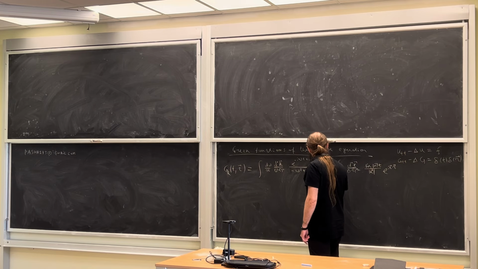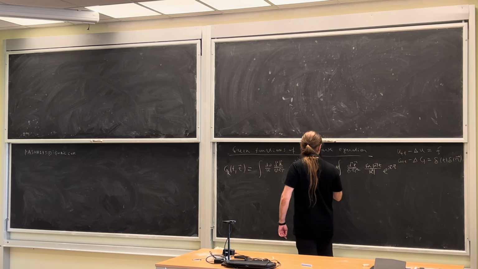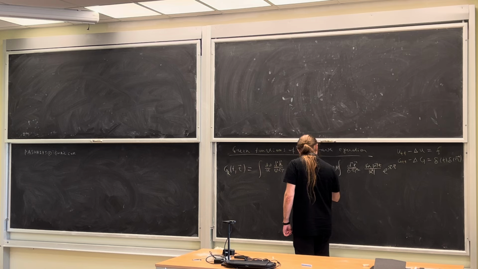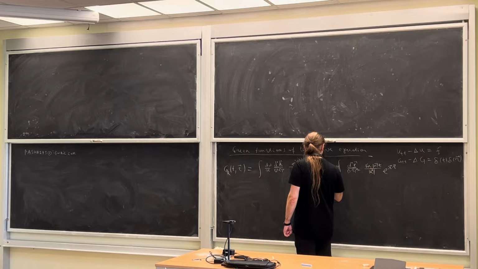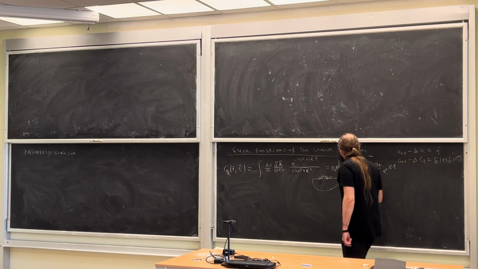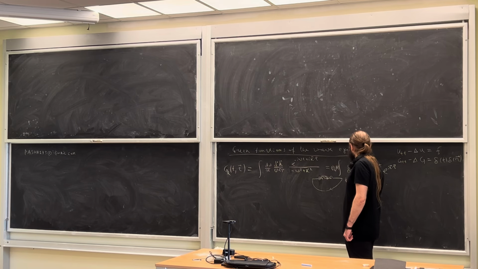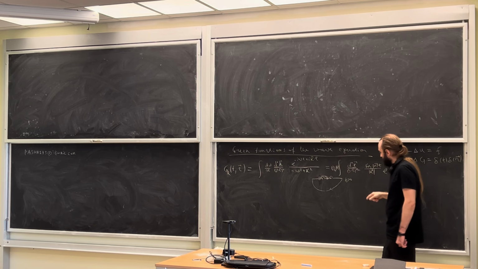This was obtained by this residue computation. And the contour was this, and it was closed below for positive time, and for negative time it can be closed above, and it gives 0.